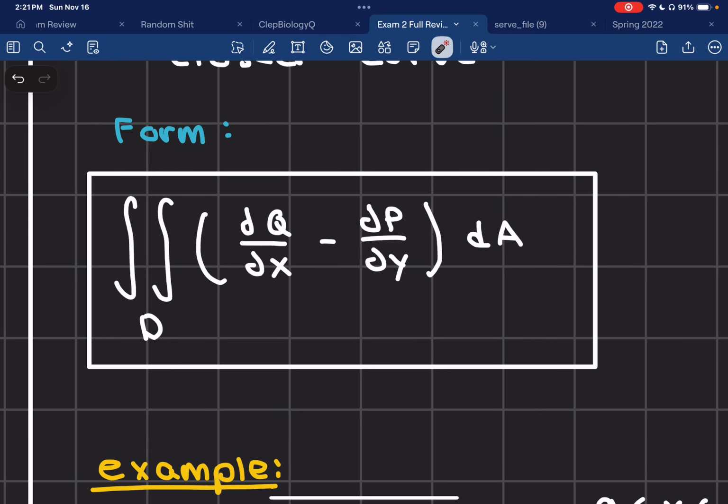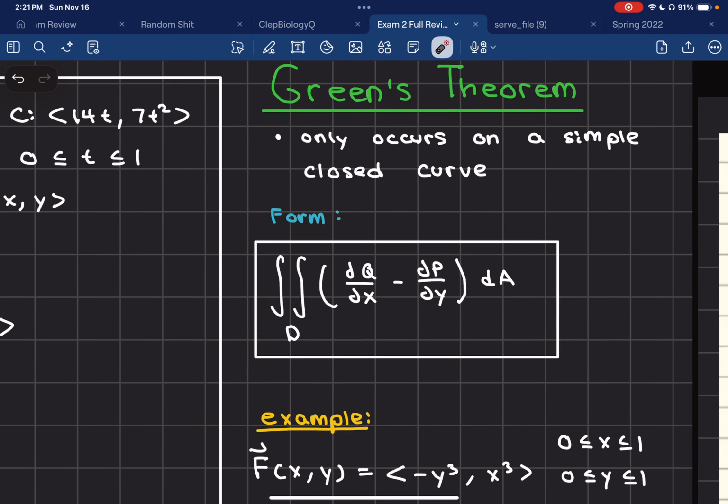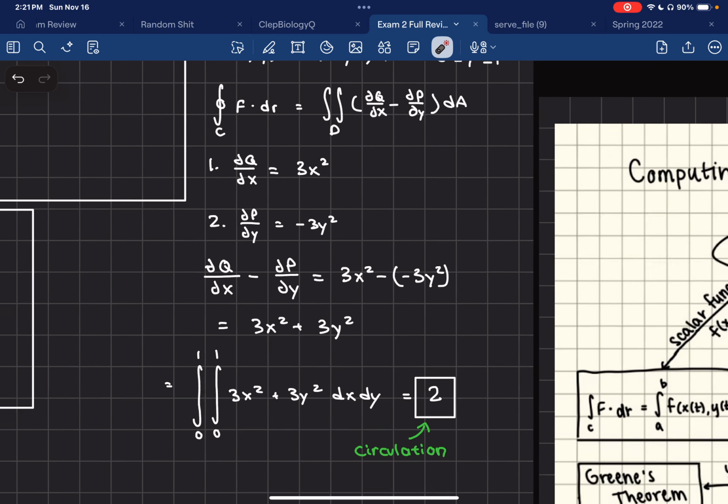Does it look kind of familiar? It should, because it is strangely familiar to curl. Remember, I told you that curl relates to circulation just like flux relates to divergence. This is actually the curl right here. So here's an example for that.